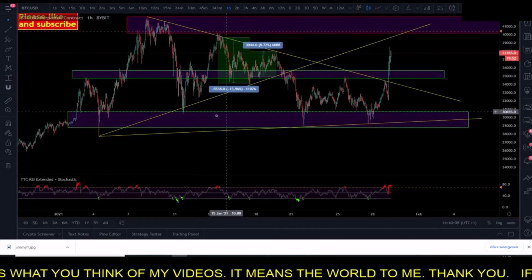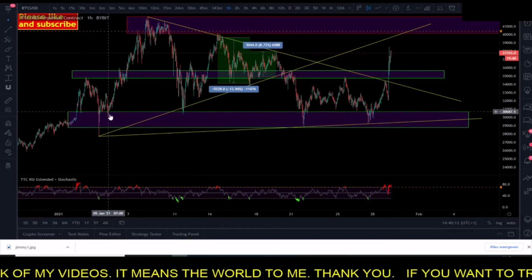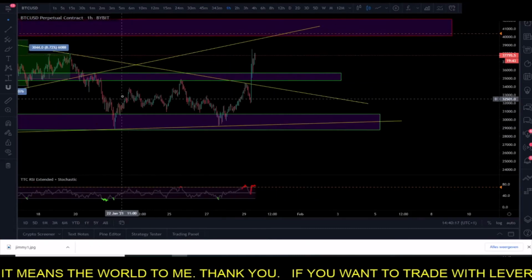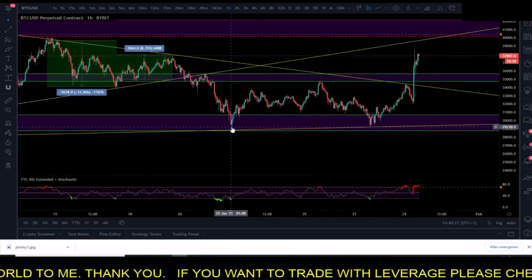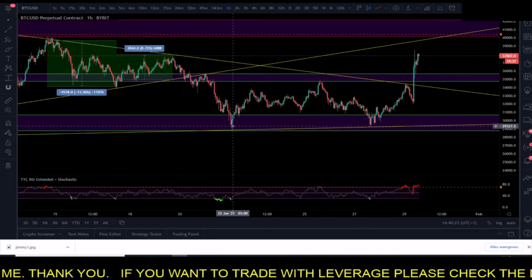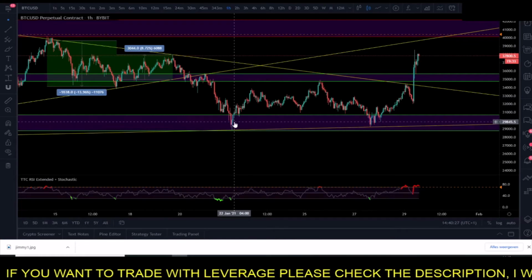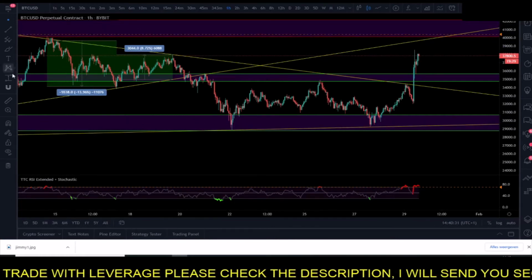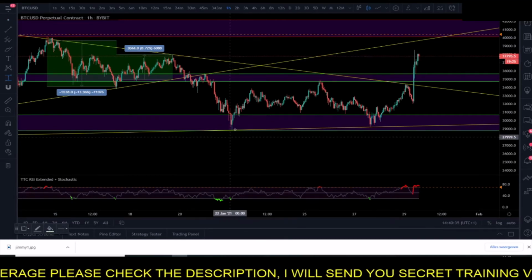We know that this box is a huge support box. We found support here, support here, support here. So we know that when the price enters into this support box, there is a high chance that we got rejected and bounce back up. Okay, so what are we doing? We take a long trade and we put our stop loss right below this box.